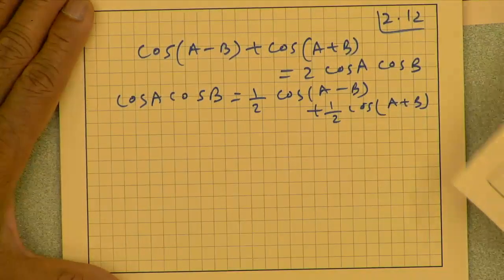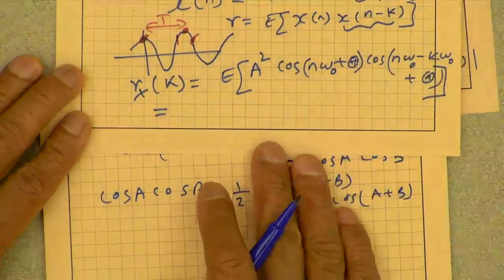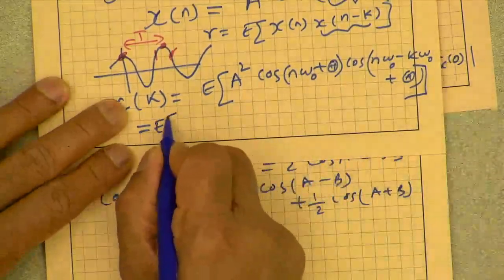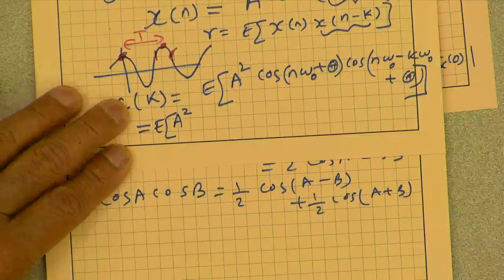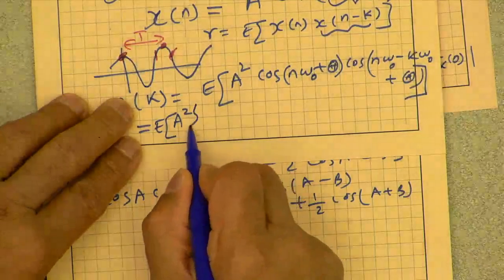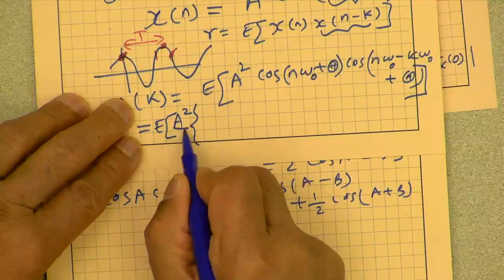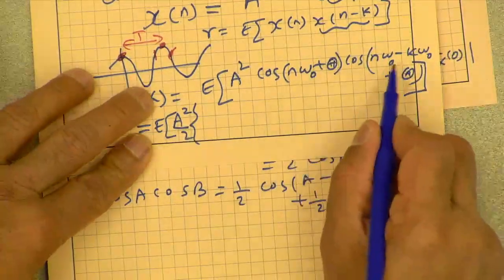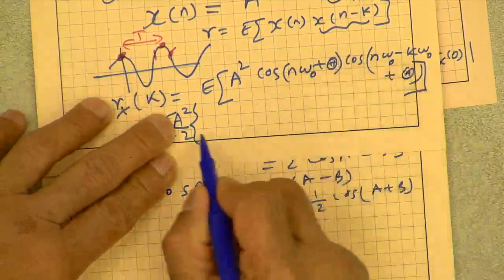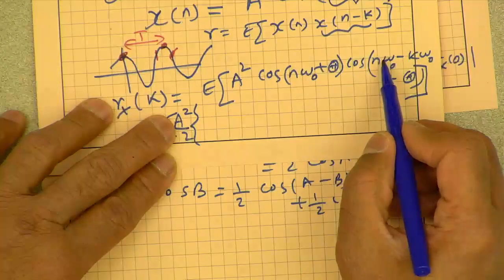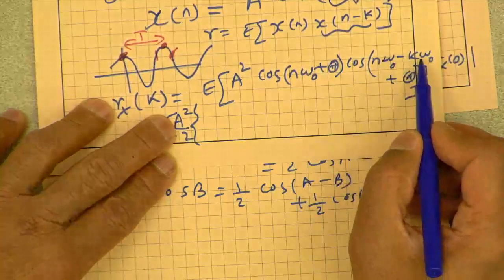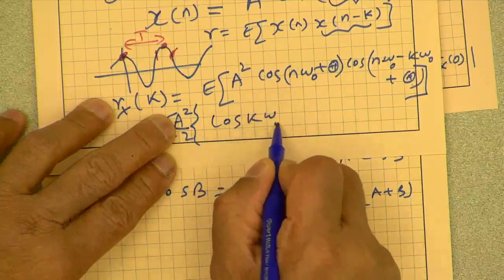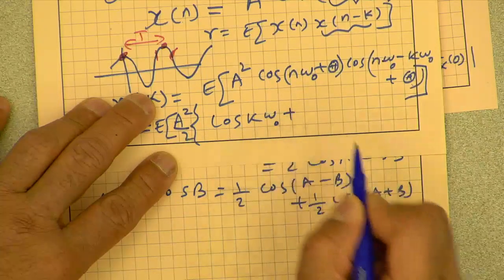If I use that, then this is the expected value of A squared by 2 times, taking that half outside, cosine a minus b: n omega naught minus n omega naught cancels out, theta cancels out, so we just have cosine k omega naught plus cosine a plus b.